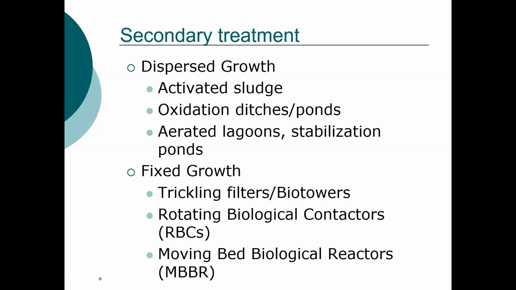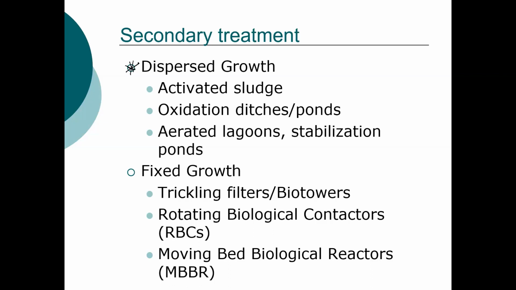So when we talk about secondary treatment, there are two larger groups of treatment processes. The first is dispersed growth. You can think of that essentially as a river. You have microorganisms dispersed in the reactor in contact with the waste.